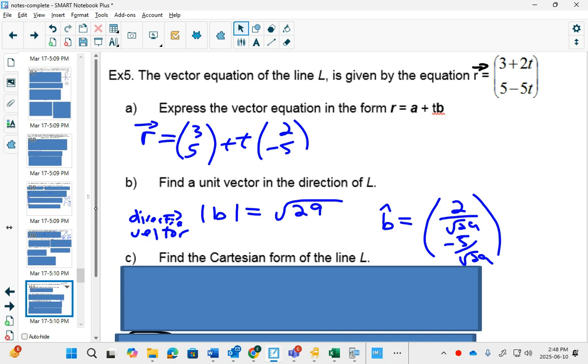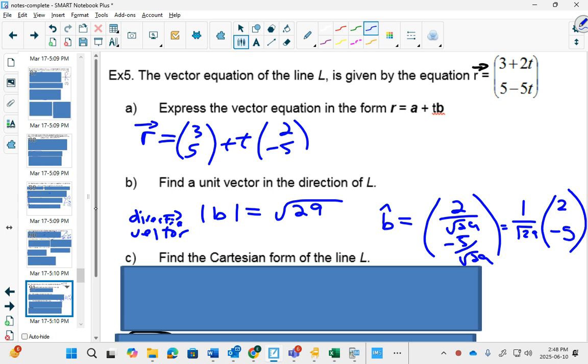Its length is square root of 29, and you could either write it like this. I probably prefer writing it like that. Looks cleaner. If the length of b is root 29, if you just divided by root 29, you would get a length of 1. And so that makes it the unit vector.